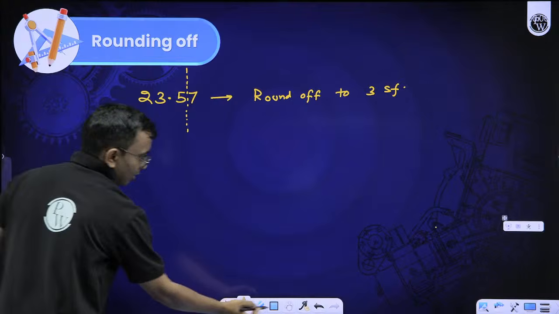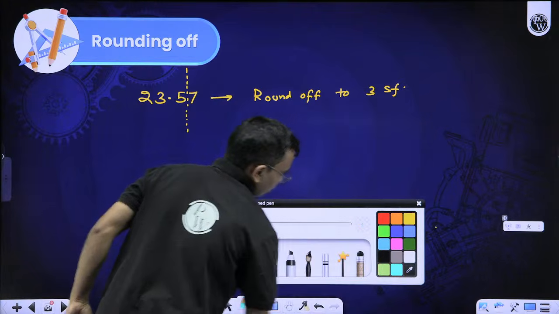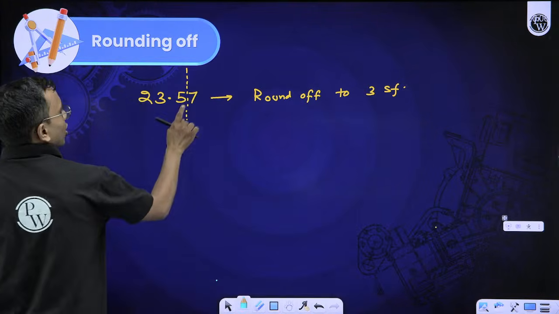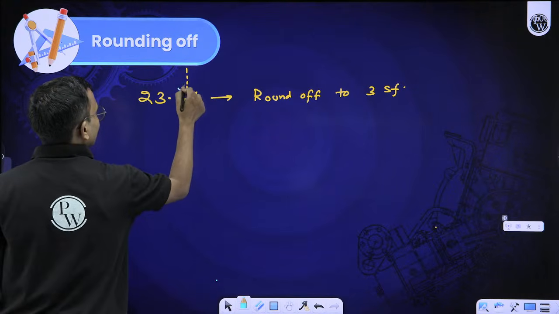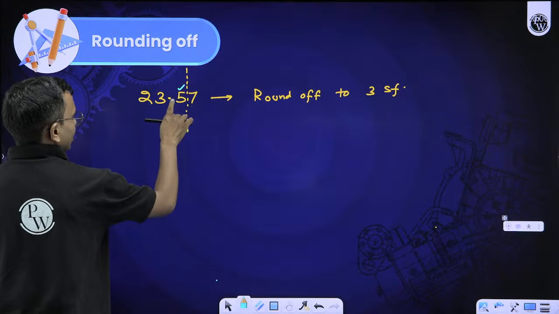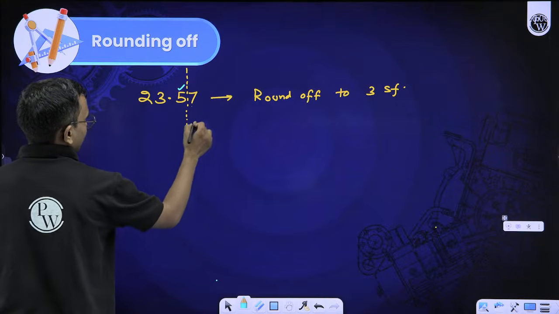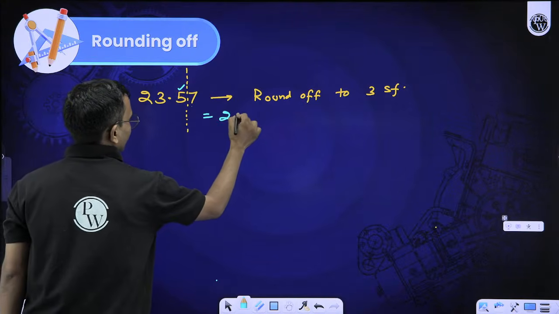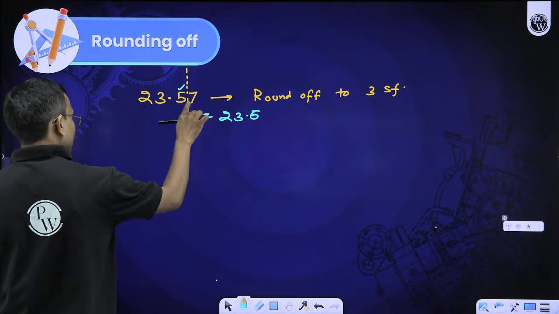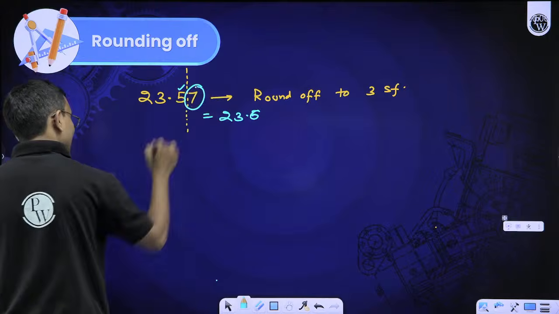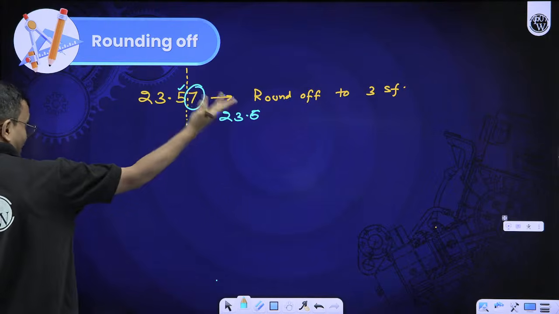If you have to drop this, what does the rule say? If this is greater than 5, it is 7, increase the previous digit by 1. So this will become 23.6, because this is greater than 5.